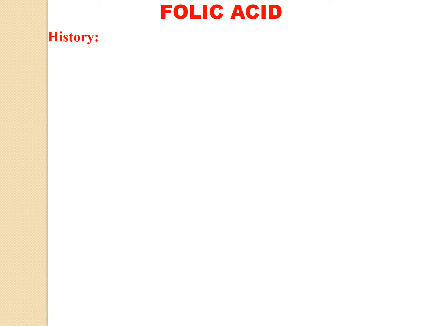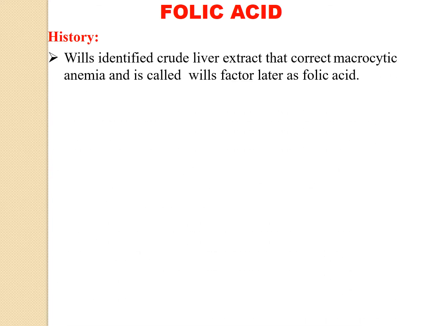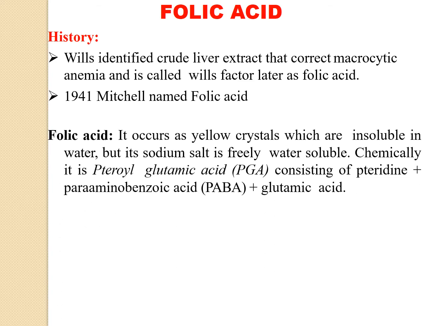First, let us go through its history. Wills identified the crude liver extract that corrects macrocytic anemia and is called Wills factor, later called folic acid. In 1941, Mitchell named it folic acid.